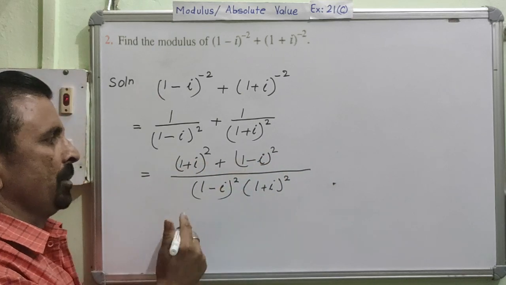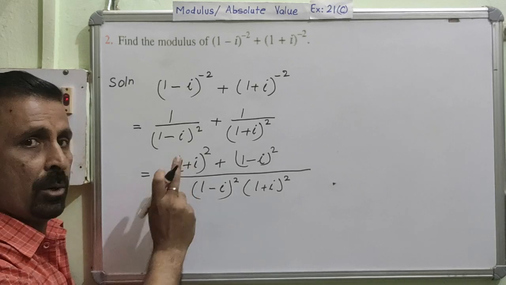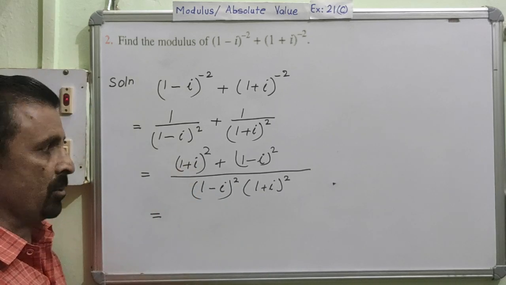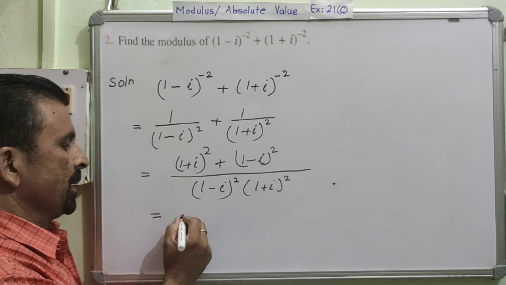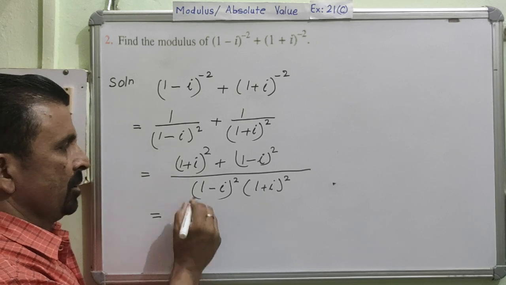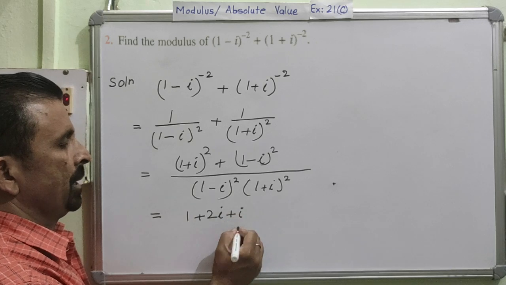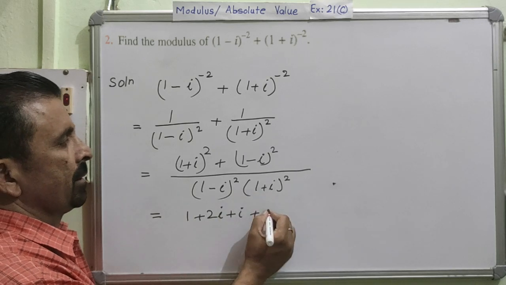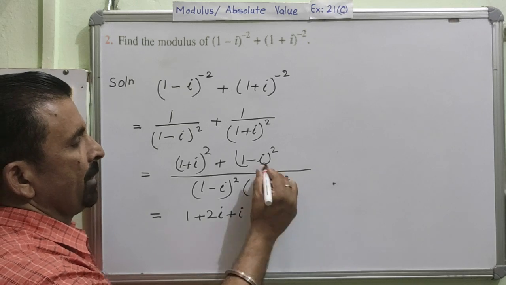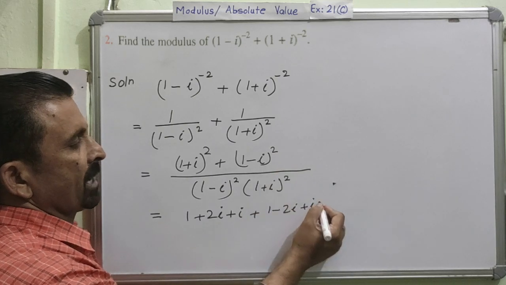Now we are going to expand the numerator by applying the formula a plus b whole square. I don't need to explain again and again what is the expansion of a plus b whole square. So according to the expansion, a square means 1 square. 1 square is 1 plus 2 into i and then plus i square, plus next one is 1 square means 1 minus 2i and then i square, I say square of second term, that is i square.